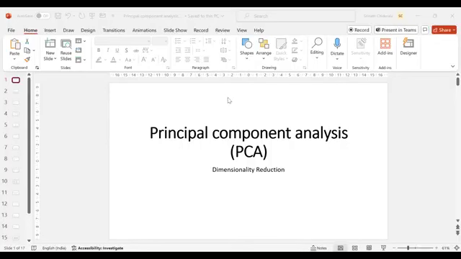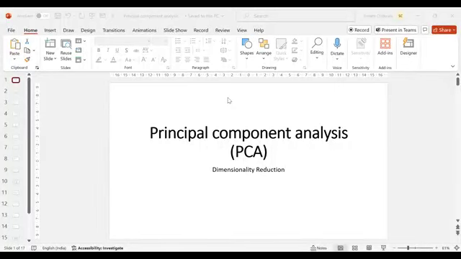Now, there is one more algorithm, which is more generic. Why I'm saying generic is that you can use this algorithm for any use case. It is primarily for data transformation and feature engineering, and it is again one of the powerful algorithms to reduce the dimensions of the data.